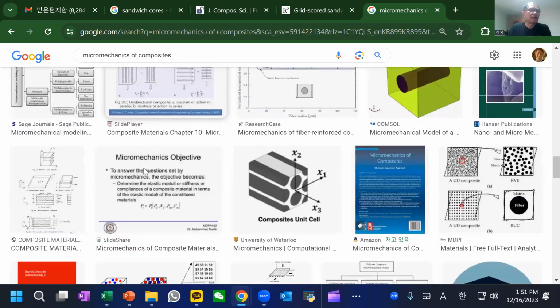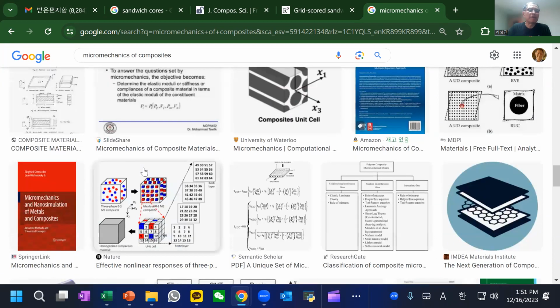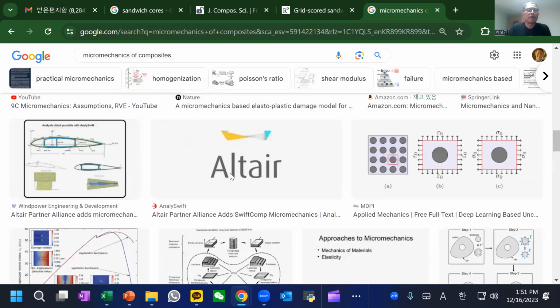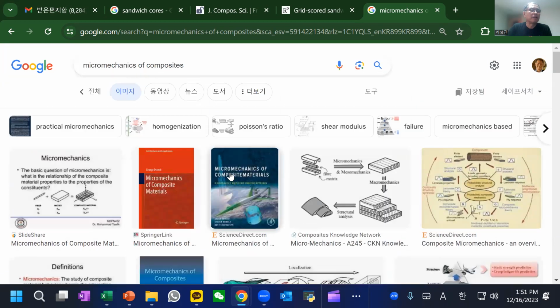So just to understand the importance of micromechanics, you can use it to understand, for example, thermoset composites, thermoplastic, or metal composites, and different fibers, and estimate the strengths, and so on.